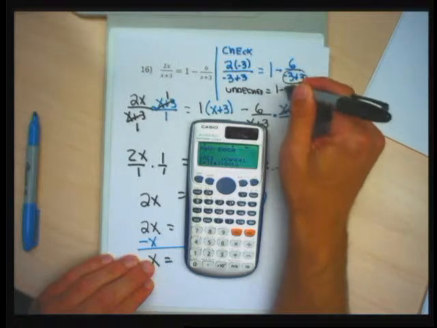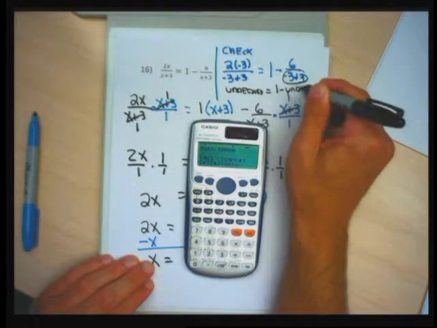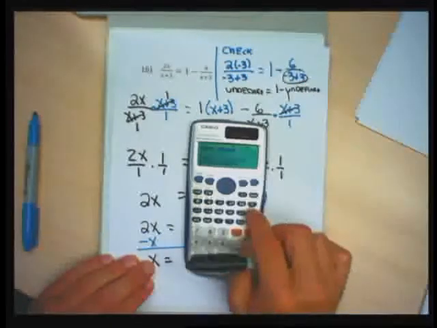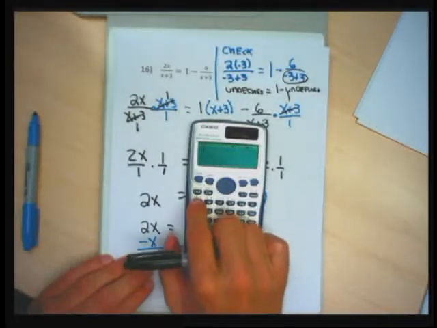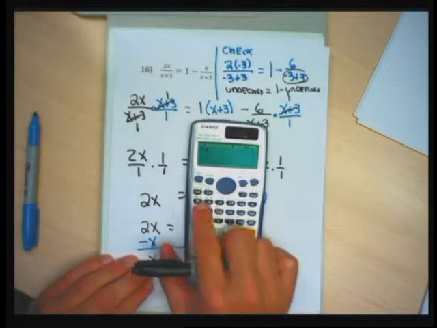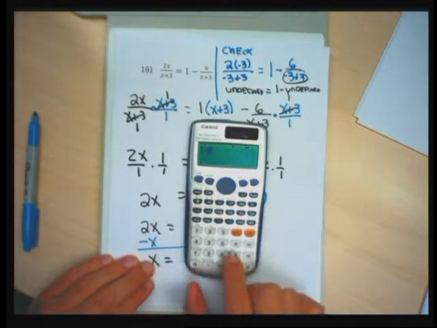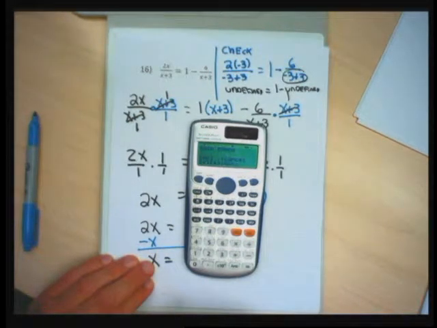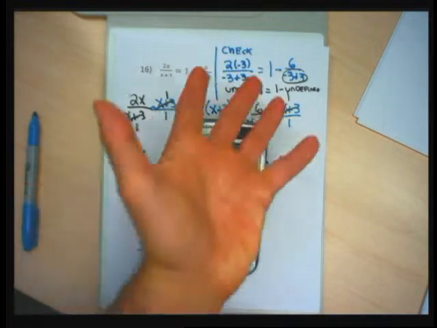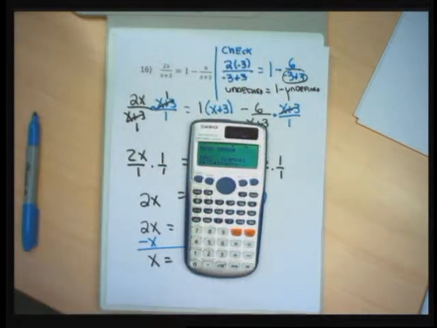This is really undefined equals 1 minus undefined. My calculator can't show me that, but if I do the right-hand side on my calculator, 1 minus the fraction 6 over negative 3 plus 3, I get a math error again. Negative 3 is not a solution because when I plug it in, I don't get a true statement. Undefined doesn't equal 1 minus undefined.